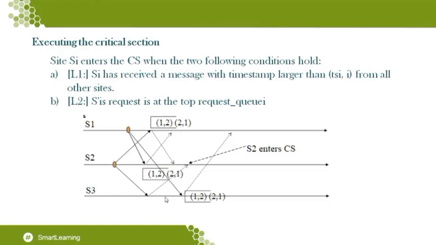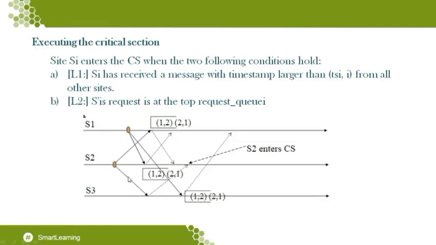Here, S2 has sent the message and S1 is checking. Site 1's timestamp is 2, whereas site 2's timestamp is 1. So S2 is at the top of the queue, and it is the one privileged to enter the critical section. S1 decides that and sends a reply message.